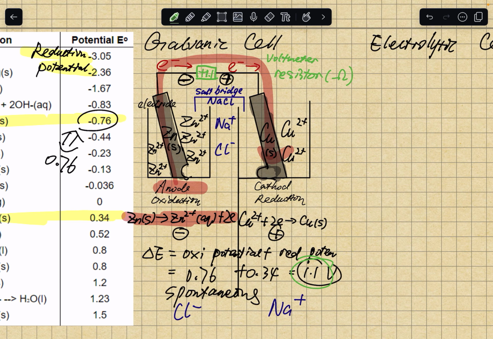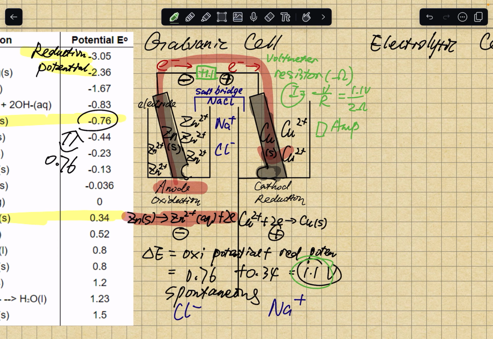So on the MCAT, for this electrochemistry galvanic cell, they always test this with the equation I equals V over R, okay? So let's say this is 1.1 volts, and the light bulb carries 2 ohms of resistance. Then you can calculate how many amps of current are flowing through this apparatus, okay?